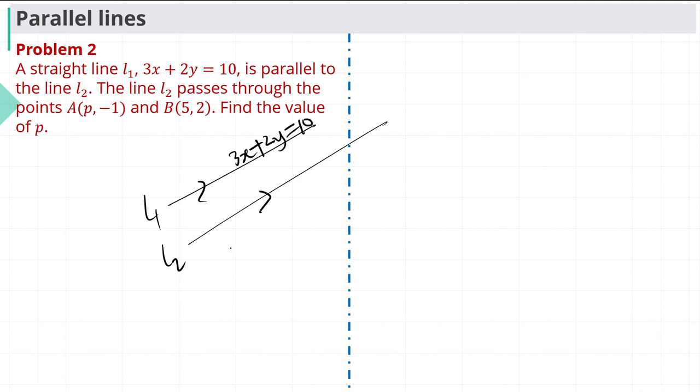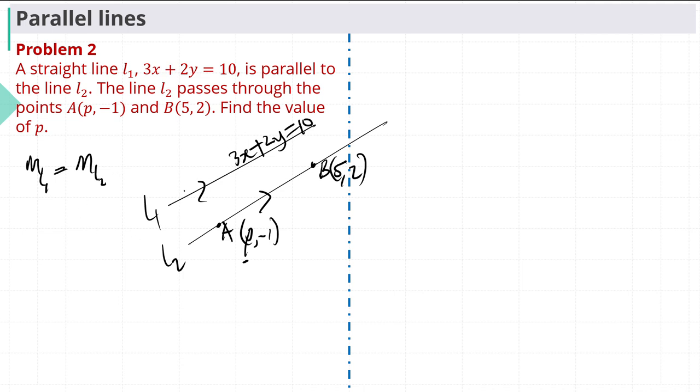The line L2 passes through the points A and B. Find the value of p. Okay. Gradient of L1 should be same as gradient of L2 because the two lines are parallel. So this is the information we want to use to solve the question.